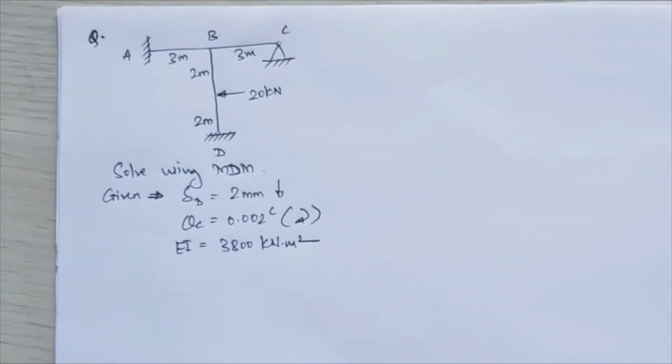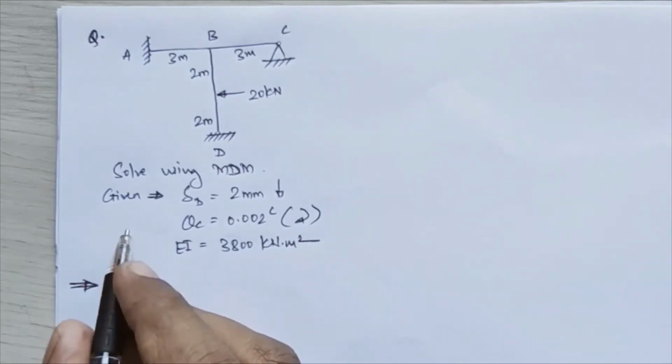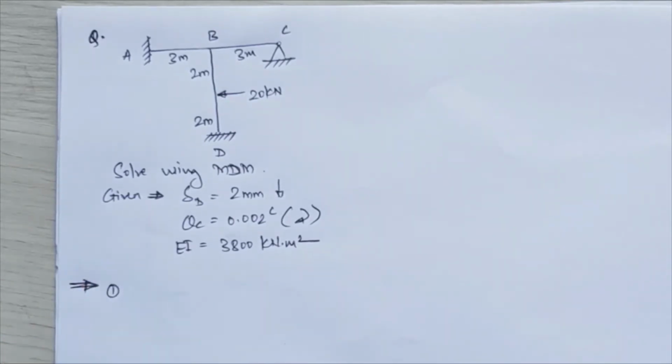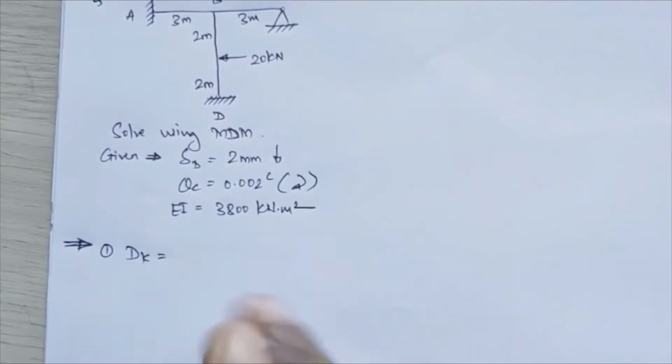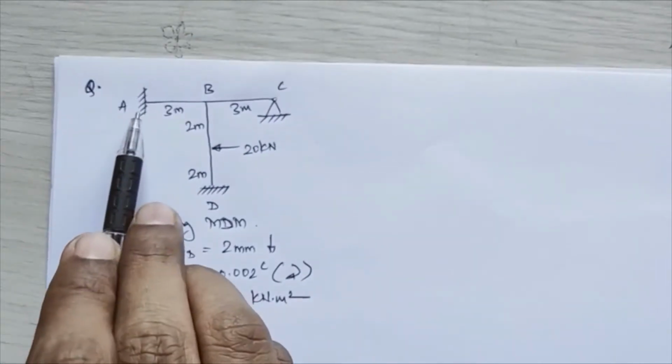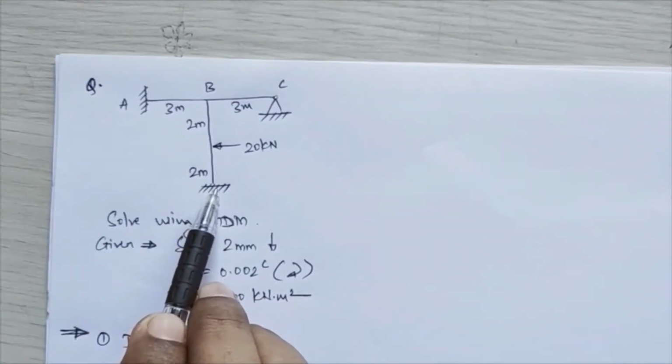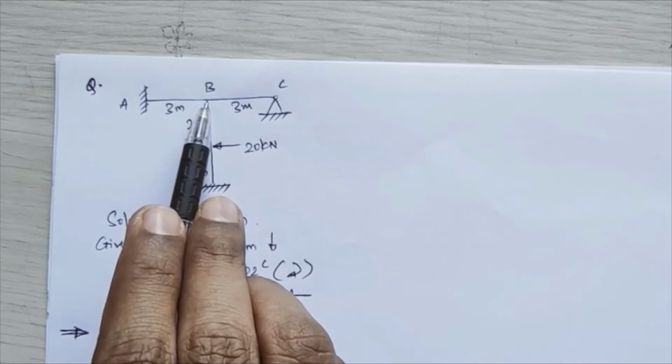So we'll start with our solution. Our first basic step is what? We'll be calculating the DKI values, that is, the degree of kinematic indeterminacy. DKI is equal to, at your fixed supports, that is at A and D, the DKI value will be 0, while B will be treated as a rigid joint.